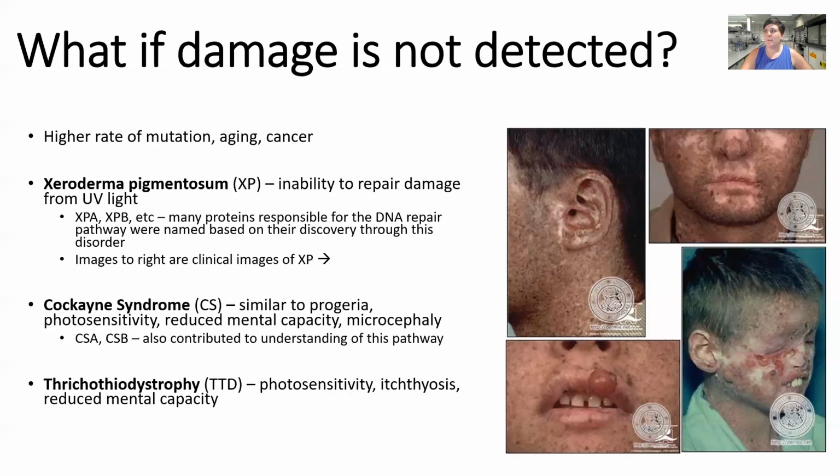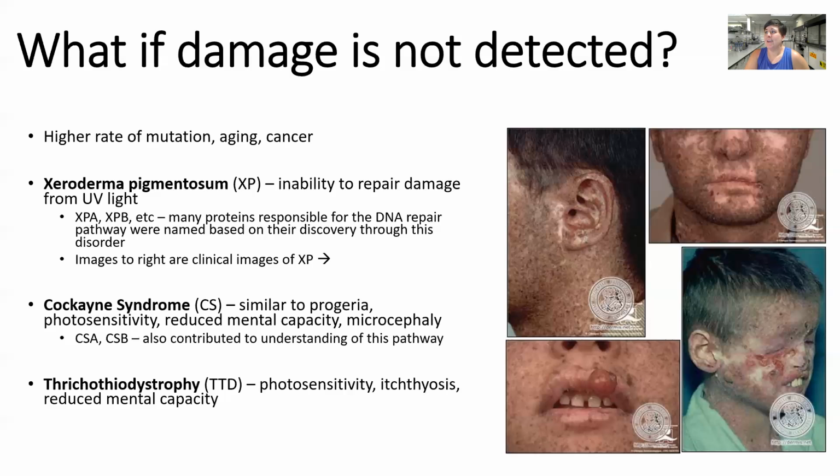Another disorder that is characterized by a dysfunctional repair mechanism is called trichothiodystrophy, or TTD. This is also going to have a lot of photosensitivity, and ichthyosis, which is a toughening of the skin, almost like psoriasis, with lesions, as well as reduced mental capacity.